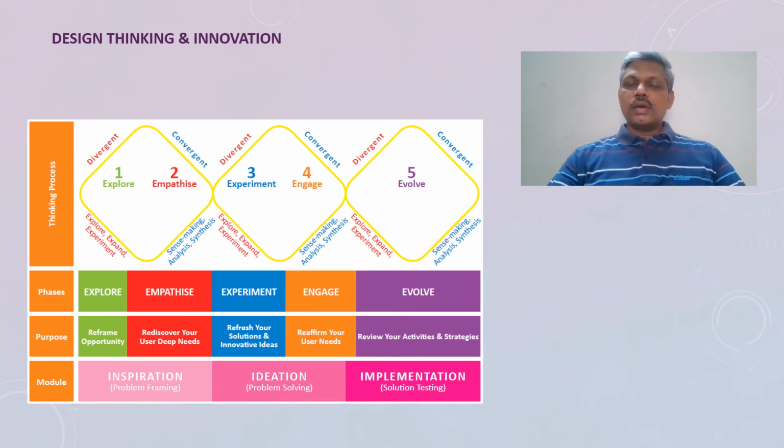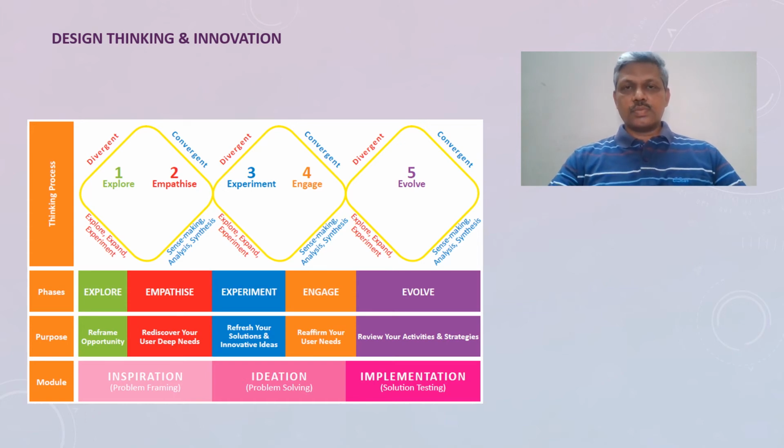That's it. And one more interesting feature here is the thinking process. Actually, the thinking process that goes into design thinking is well depicted in this picture. It's the divergent and convergent nature. It starts with divergence and gradually converges at every phase of inspiration, ideation, or implementation. First, it diverges.